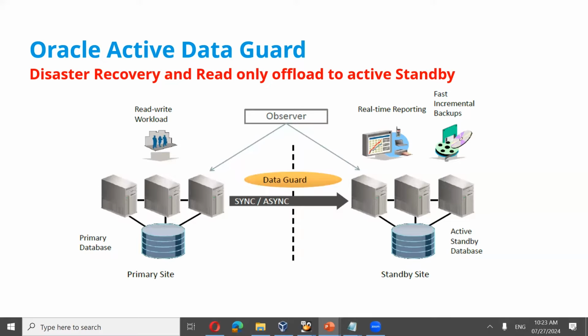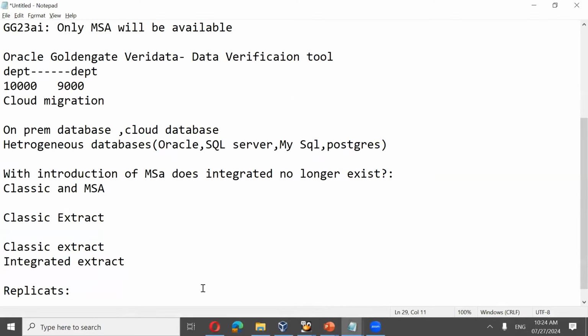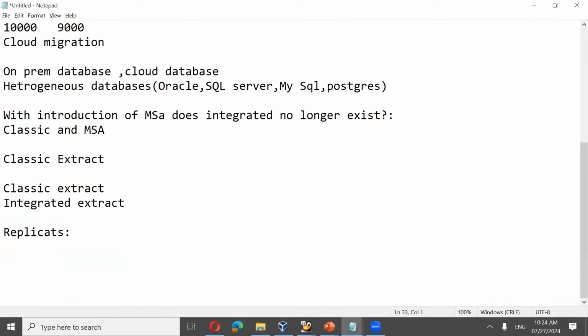Data Guard is a block by block data replication. Block by block means whatever is happening on the primary database, even if you run an alter system or alter database command, will be replicated to the target side. I always say that Data Guard is a database level replication tool.